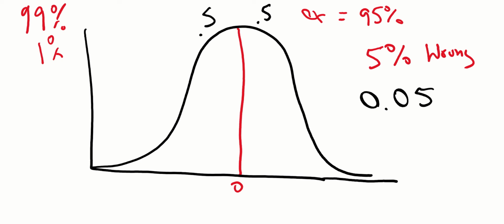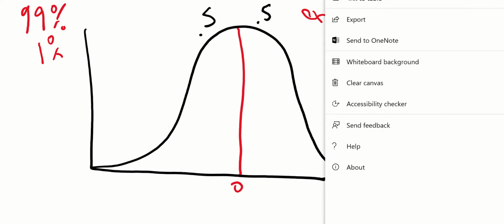So 0.05 divided by 2 gives us 0.025. And if we know that this is 0.025, now if we went to the back of our book to table number 5 in the appendix, which reads standard normal distribution, the column that reads Z, it looks like this.